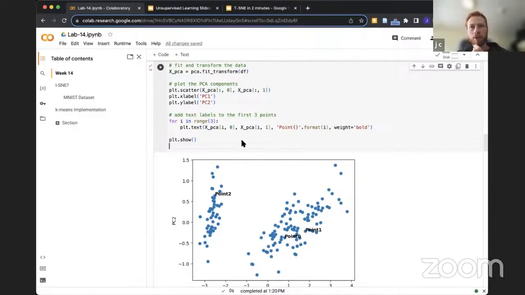Seems like we have an agreement on 2. Yep, 2. We will later look at the ground truth. But I agree, from what we see in the data, it very much looks like 2 clusters.